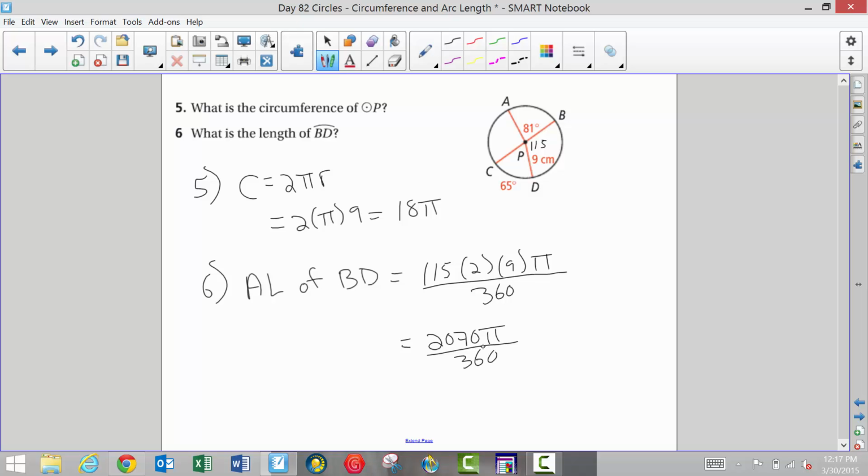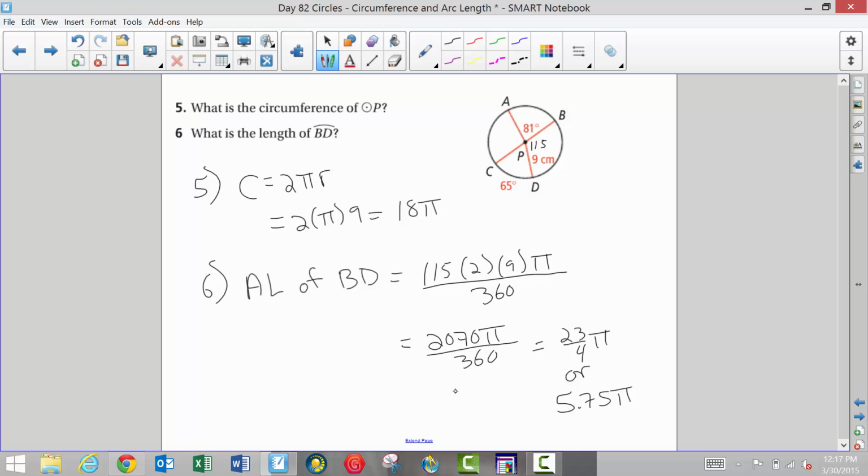Divide by 360, and I have 23 over 4 pi, or 5.75 pi. And that's the arc length of BD.